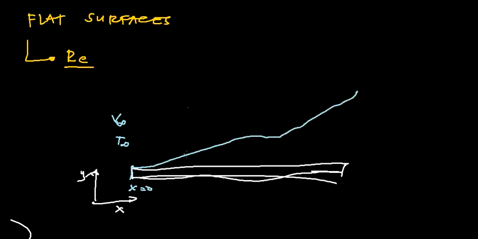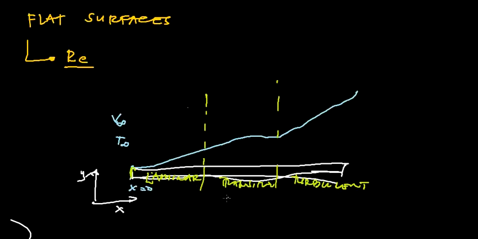At the start, at this portion, the fluid flow is at the laminar stage until such time that it will transition to turbulent. So the flow at the leading edge, at x equals 0, starts out as laminar.